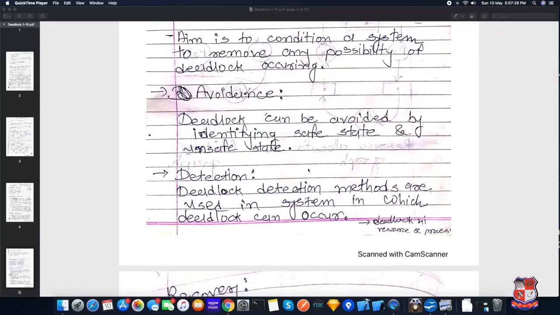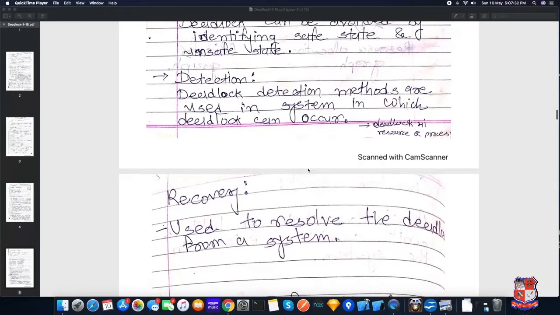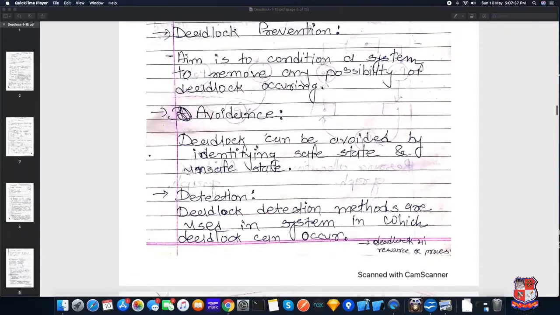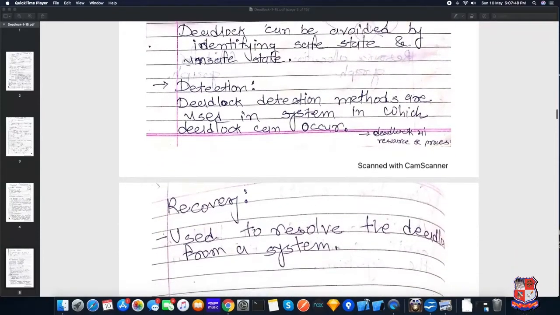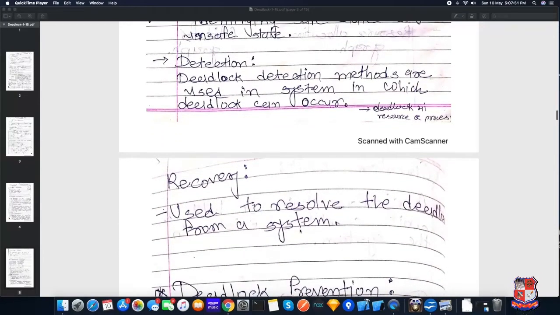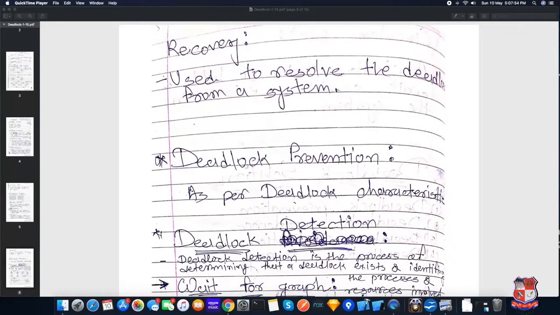Deadlock detection methods are used in systems in which deadlock can occur, to find which resources and which processes are involved in the deadlock of the system. So we can detect the process and resource. Deadlock recovery means resolving the deadlock in the system. Using some basic concepts, we can recover the system from the deadlock.